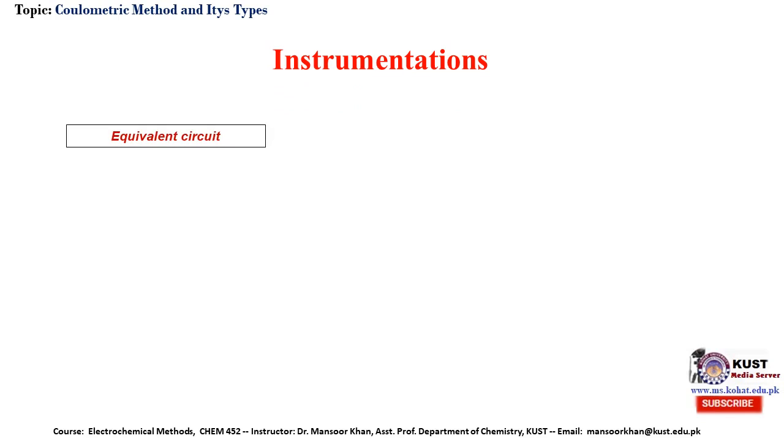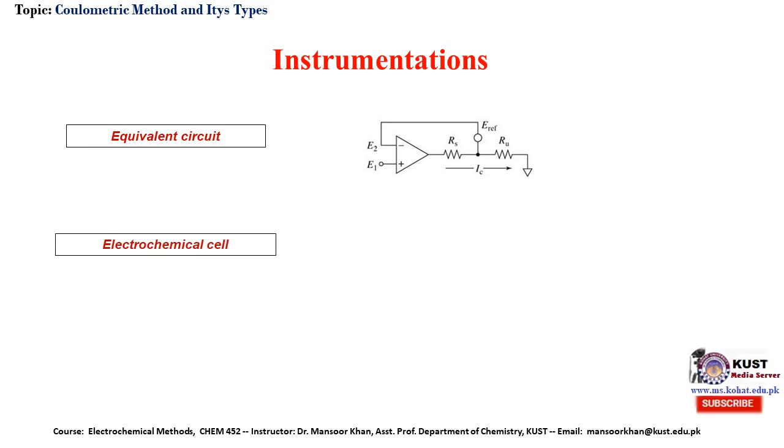So the first one is the equivalent circuit, in which all the components are arranged as given. The second one is the electrochemical cell, which is known as the electrolysis cell. The cell consists of a cathode, an anode and a reference electrode, in which the oxidation and reduction reactions take place.